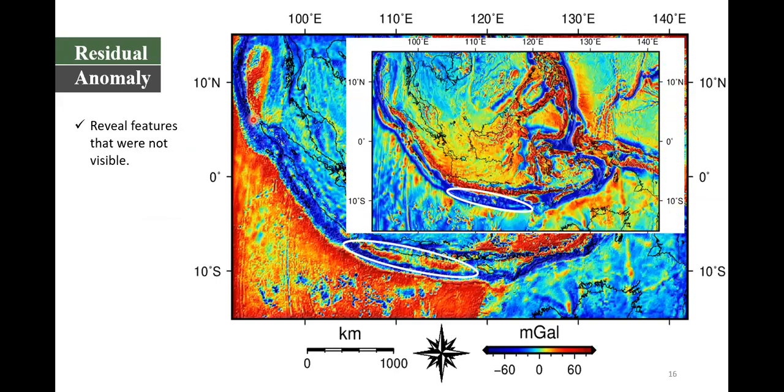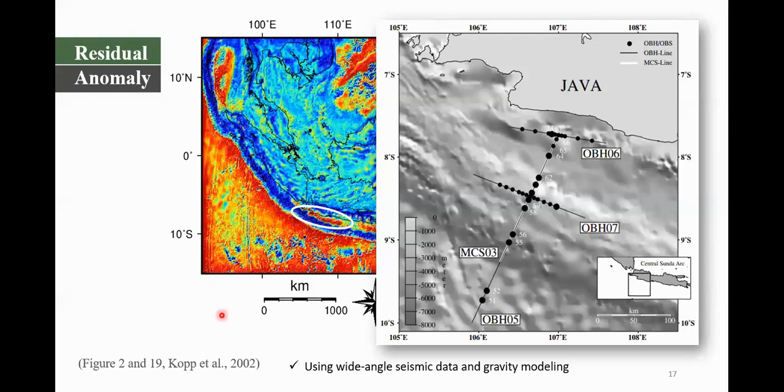Also, something really interesting is that it allows us to see structures that we couldn't see in other maps, such as this positive gravity anomaly at southern Java. This positive gravity anomaly was studied by Kopp and other scientists in 2002 using wide-angle seismic data and gravity modeling.